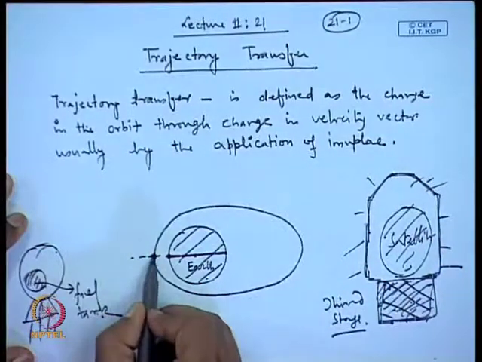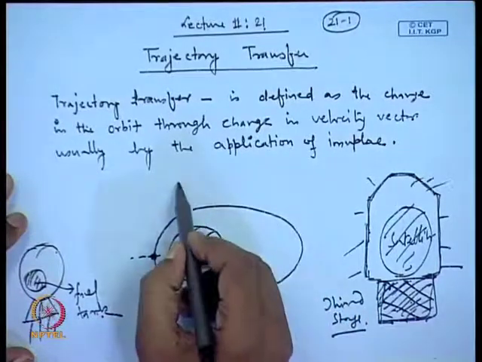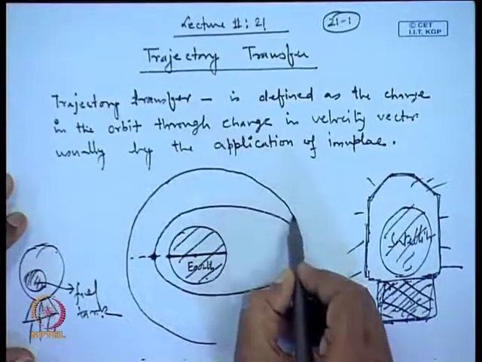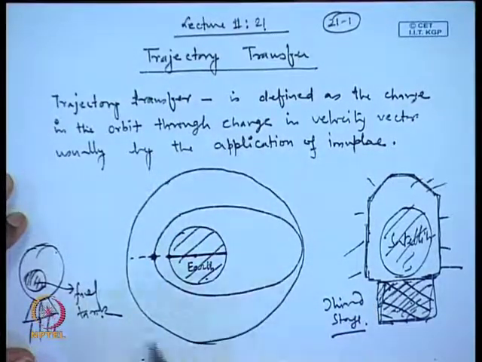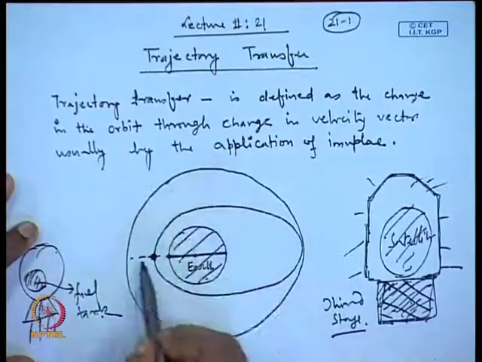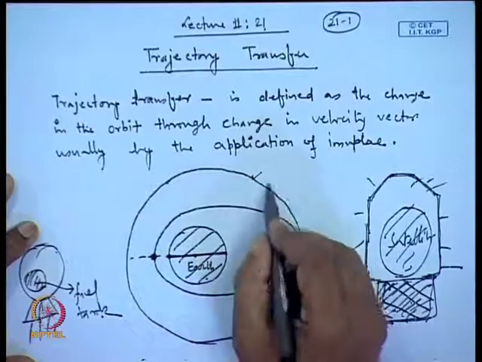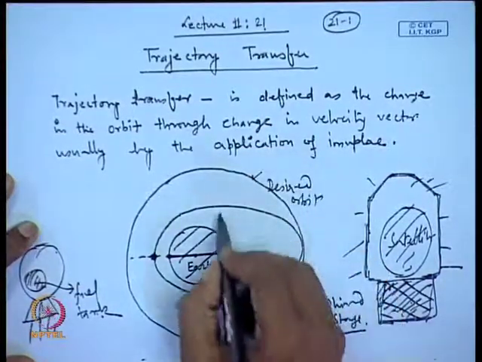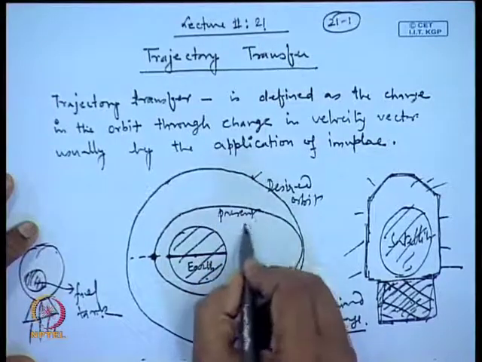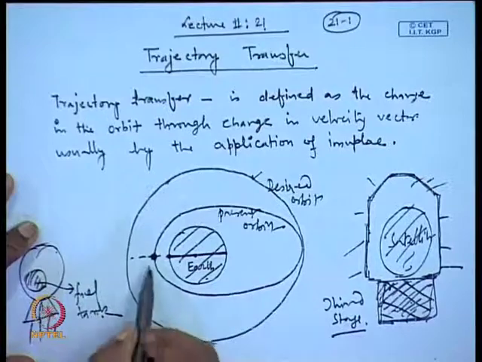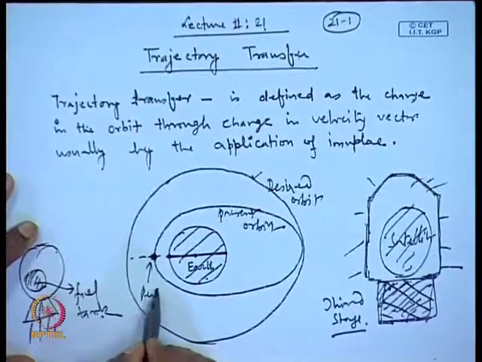Now, suppose you have injected the satellite here in this place, and your required orbit is this one. So, you are much off the desired orbit. This is the desired orbit and this is the present orbit, and therefore you need to boost. Say this is called the perigee.